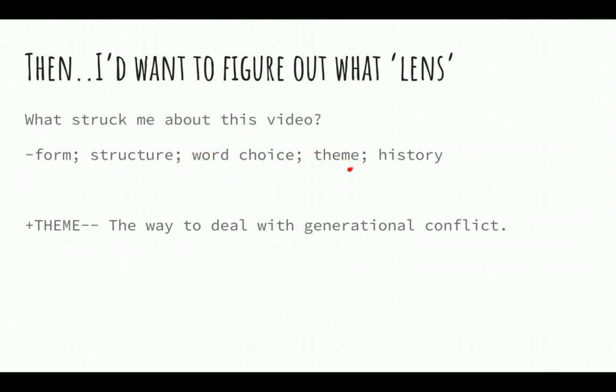Themes. And I say history here because sometimes when you're reading something, what you're really interested in is the connection it has to history, or maybe you're interested in the history that is revealed through the text. So these are all ways that you can figure out what lens you're interested in looking at your text through. These are not all the ways you can look at something.